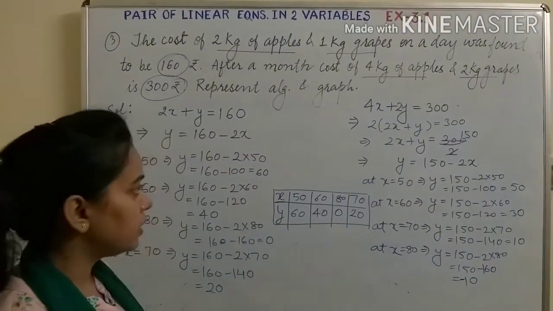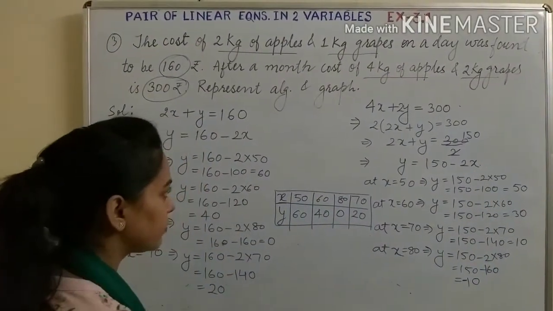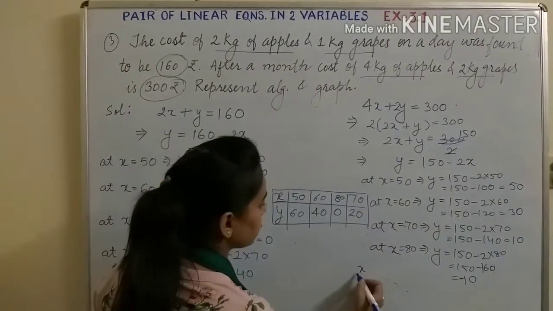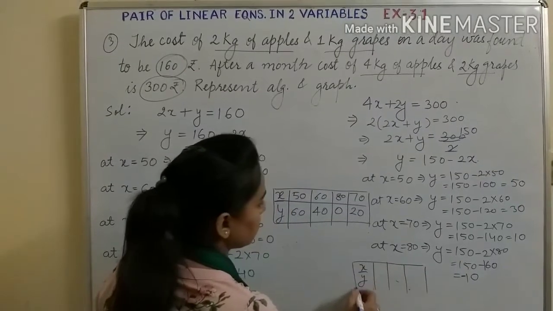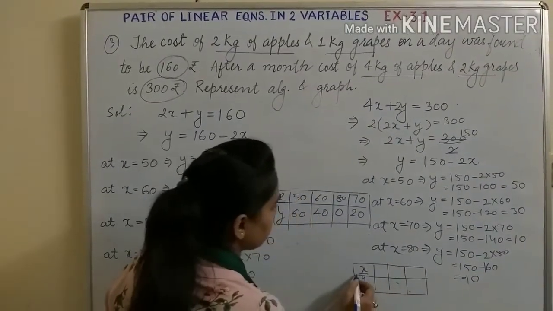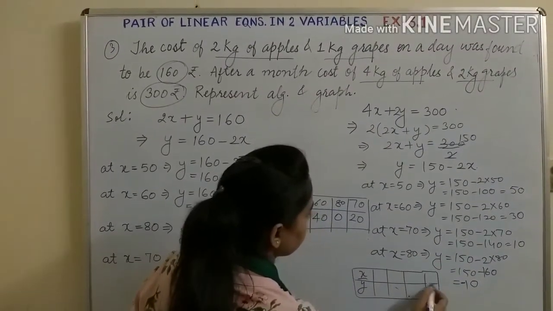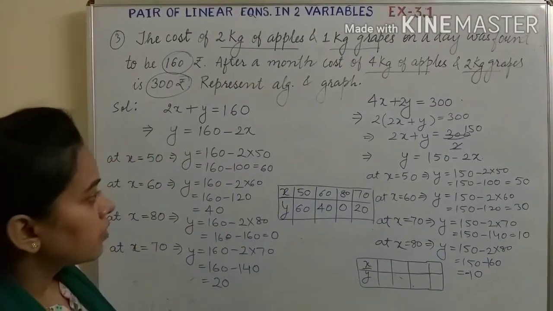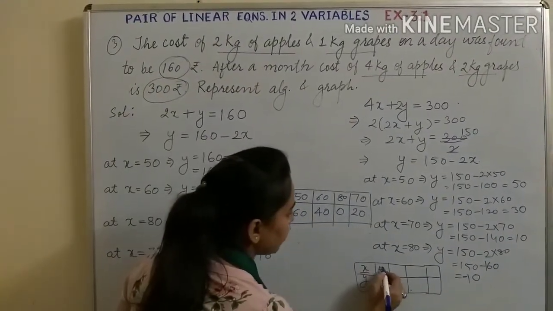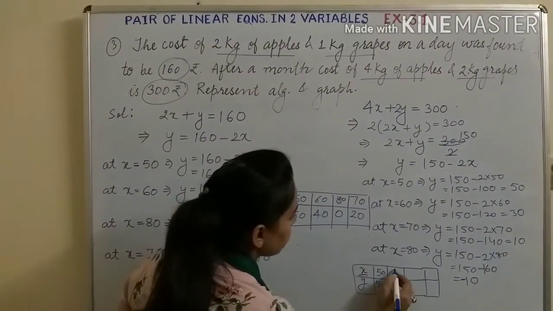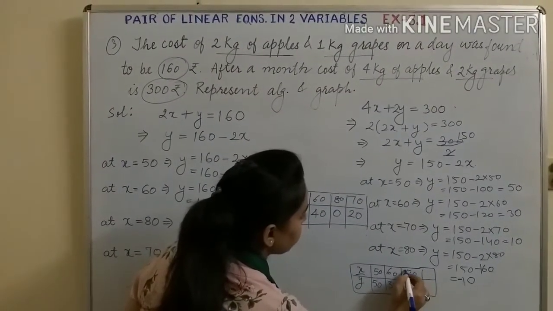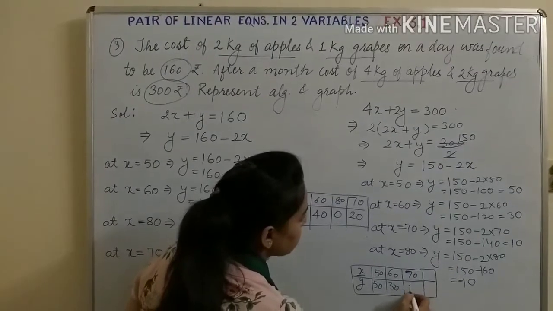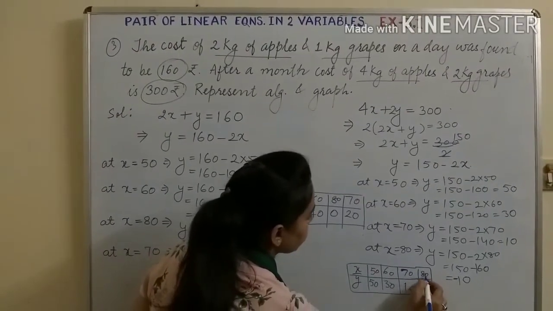Now we will collect these values also in a table. For x 50, y is 50. For x 60, y is 30. For x 70, y is 10, and for x 80, y is minus 10.